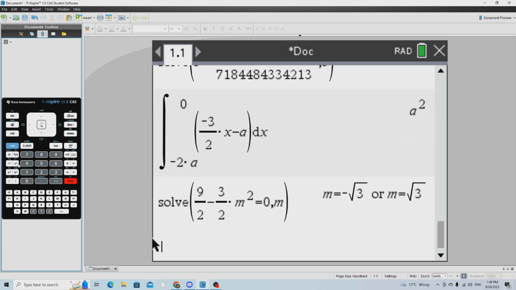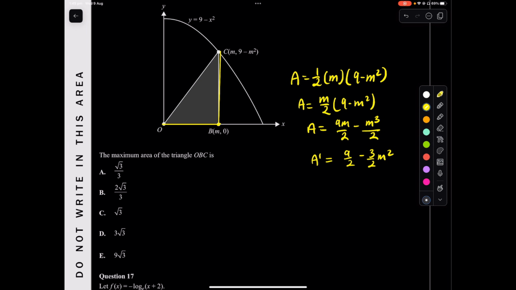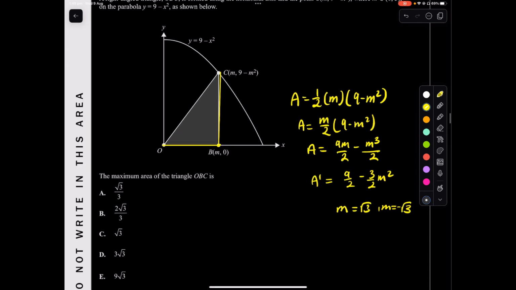And we get m equals negative root 3 and m equals root 3. Okay, so m cannot be negative root 3 because m over here is all positive. We can see it's positive, so we decline this one, so it just must be this one.